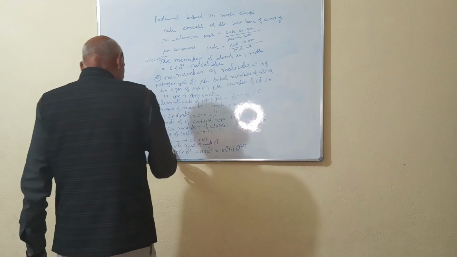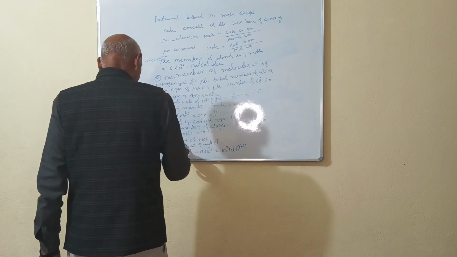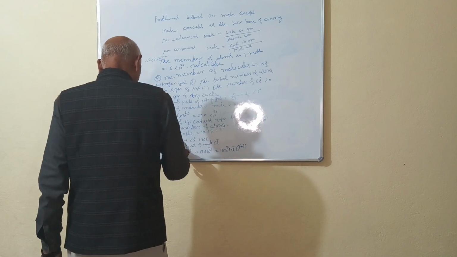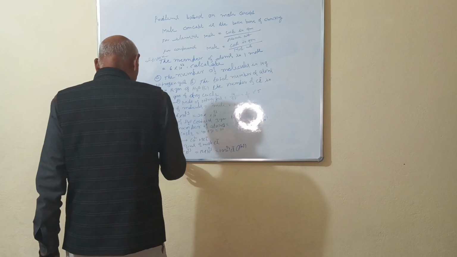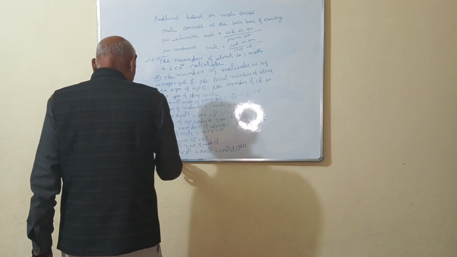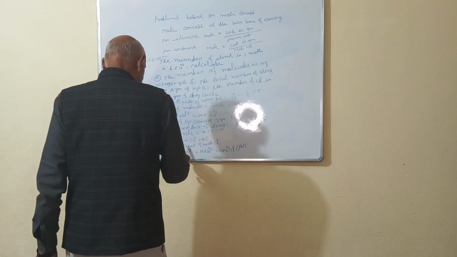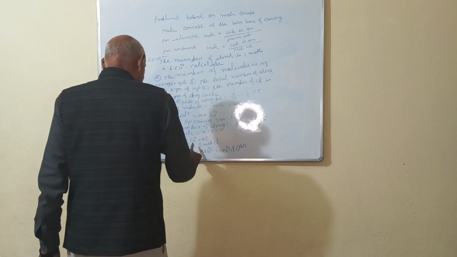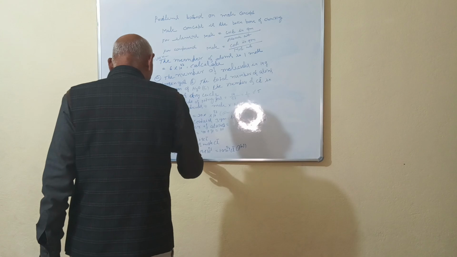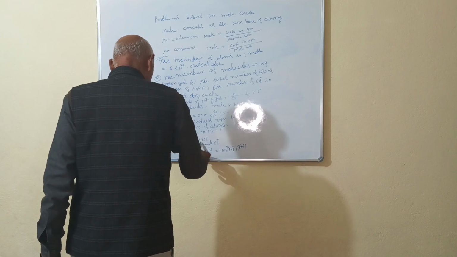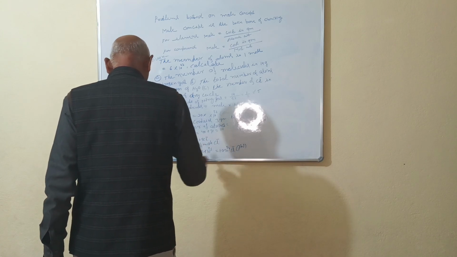When 1 mole of calcium chloride undergoes electrolysis, it gives 1 mole of calcium ion and 2 moles of chloride ions.